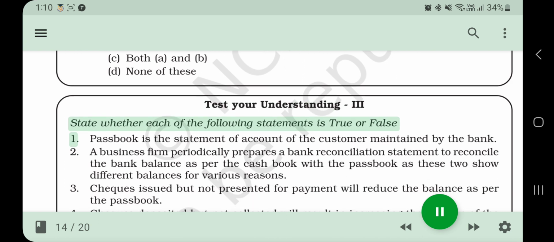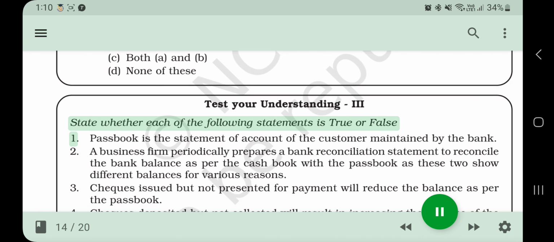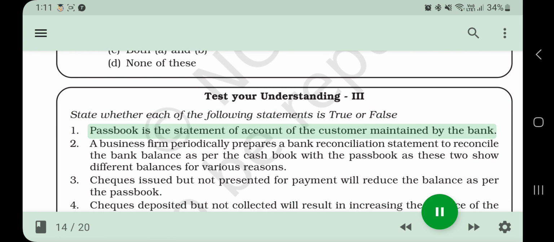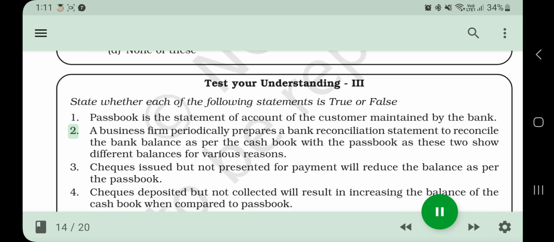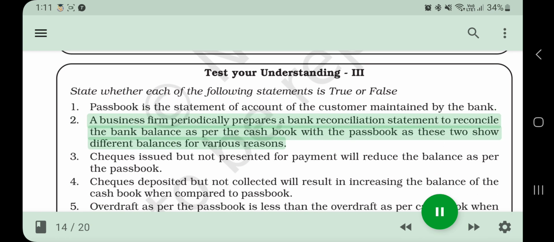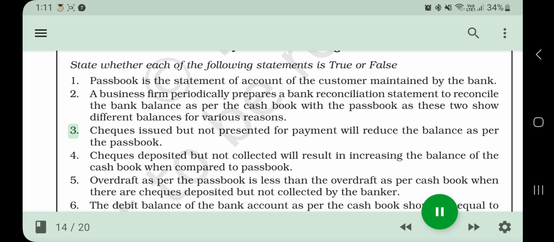Test your understanding. 3. State whether each of the following statements is true or false. 1. Passbook is the statement of account of the customer maintained by the bank. 2. A business firm periodically prepares a bank reconciliation statement to reconcile the bank balance as per the cash book with the passbook as these two show different balances for various reasons. 3.